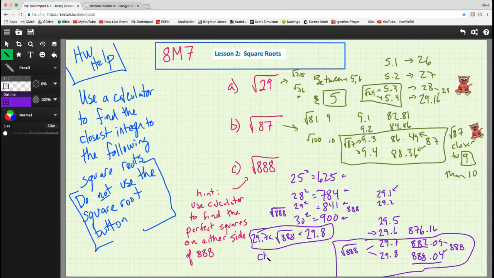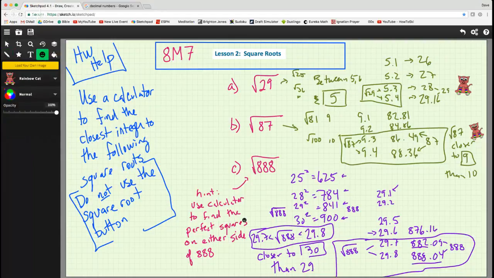So it's closer to 30 than 29, right? Because a number between 29.7 and 29.8 has to be closer to 30 than 29. And that deserves our final happy cat.